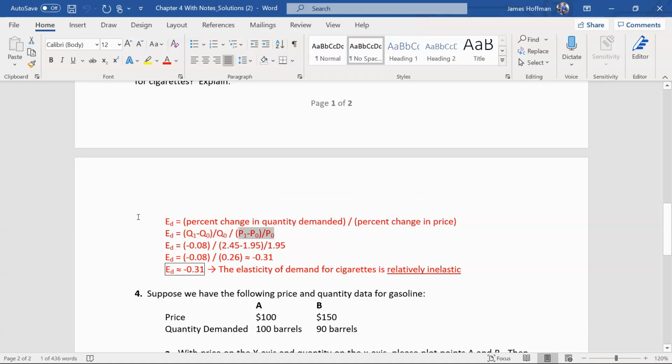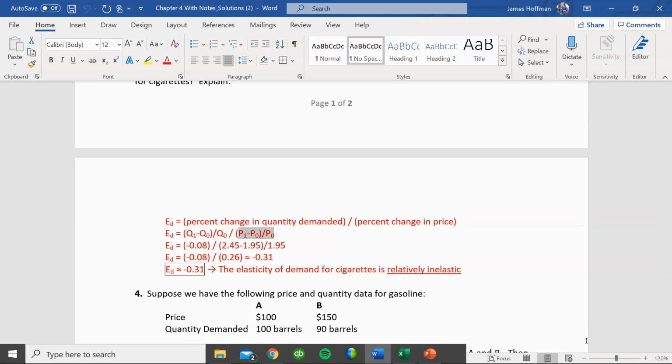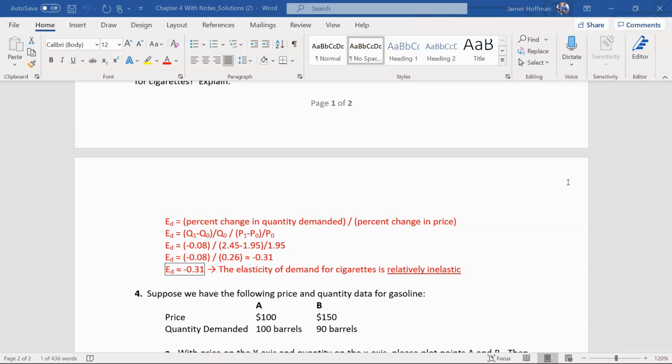And the percent change in price is exactly this portion. If the initial price is the original price, and the price changes, then the difference over the original is exactly the percent change.